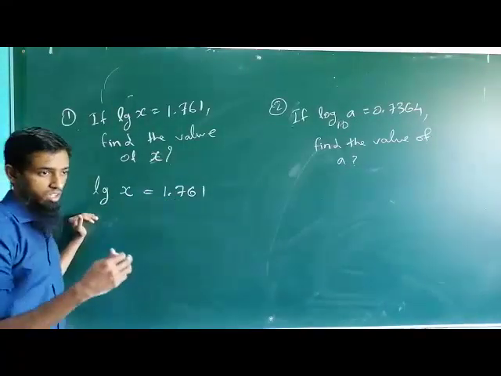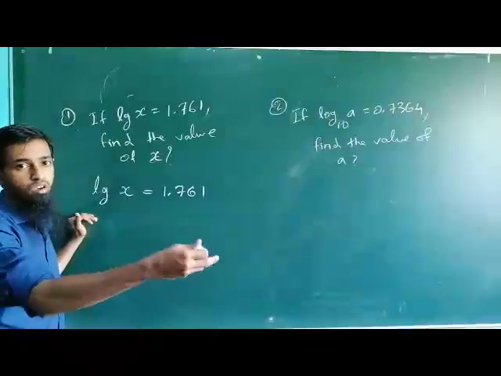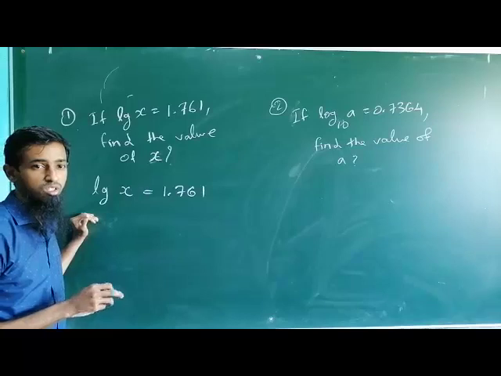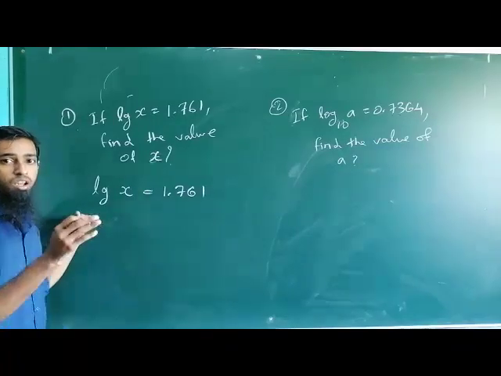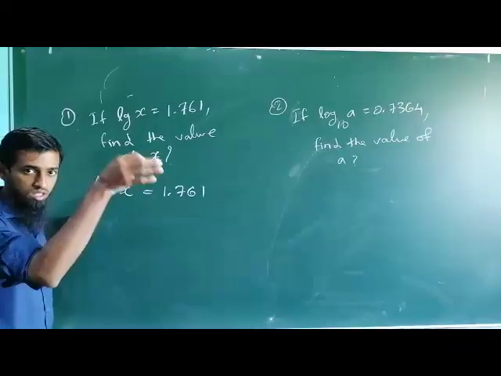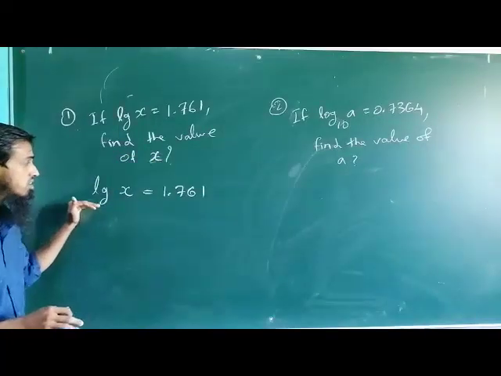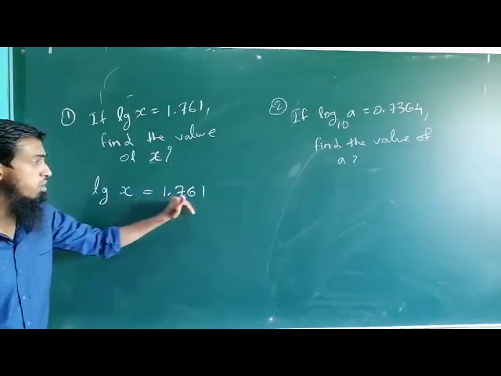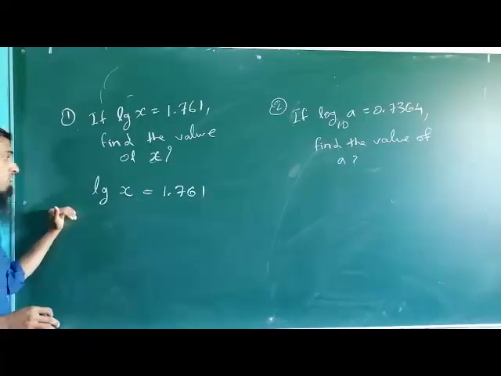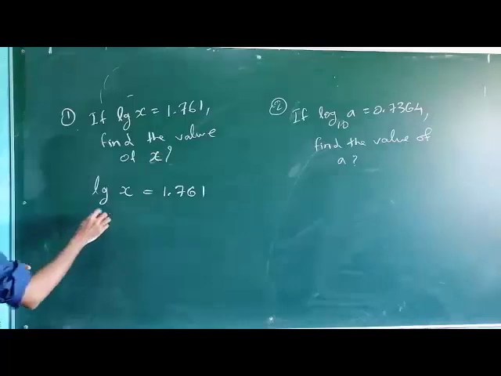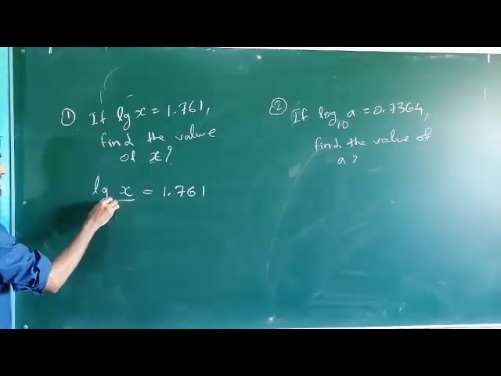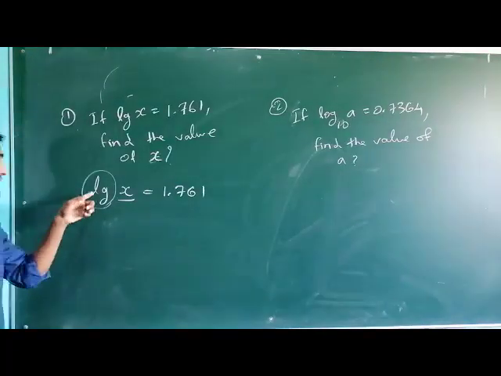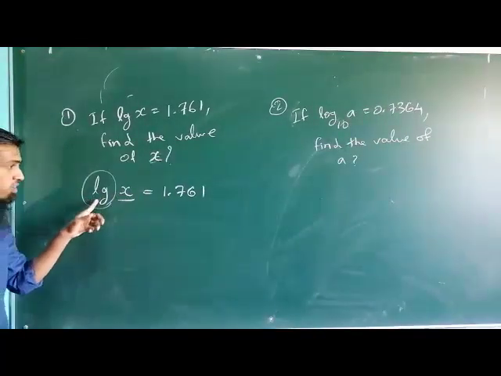In this session we are going further and doing multiplication and division questions using the logarithm table, and in some examples I will discuss this step. So remember this step: LGX equals 1.761. If you want to find the x, you need to cancel the logarithm.